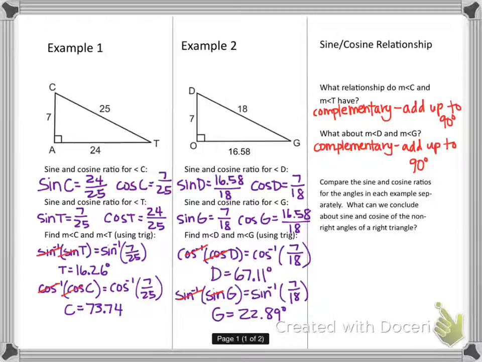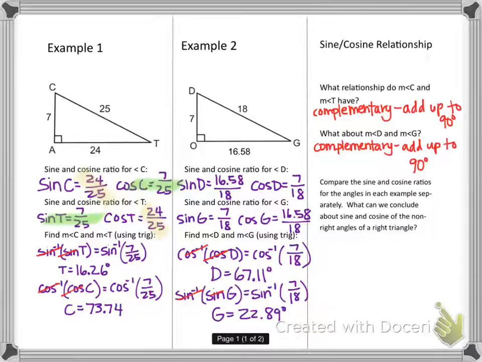So when we compare the sine and cosine ratios for the angles in each example, what can we conclude about sine and cosine of the non-right angles of a right triangle? You should notice that sine of C, which was 24 over 25, is equal to cosine of T. And vice versa, sine of T, which is 7 over 25, is equal to cosine of C, which is 7 over 25.